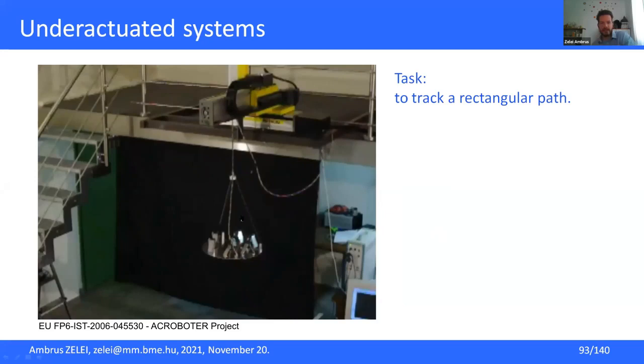Now we apply an inverse dynamics approach, and you will hear from the motors that along one side of the rectangle, it accelerates and brakes two or three times. So it's a much more complicated motion. And you will see that the middle point of the swinging unit will move on a rectangular shaped path, and there will not be too much swinging motion.